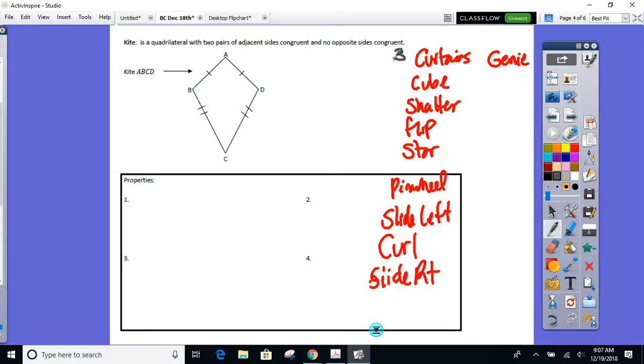Flips. Star. Pinwheels. Slide left. Curl. Slide right.